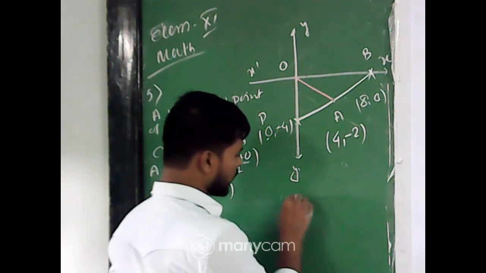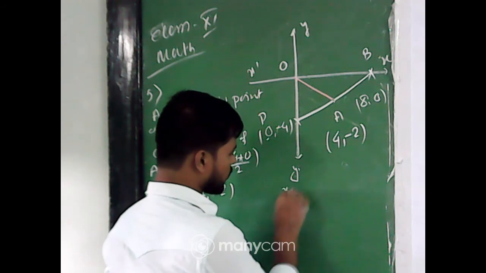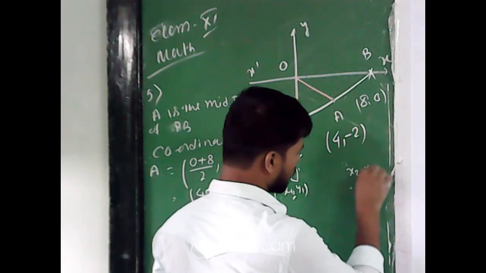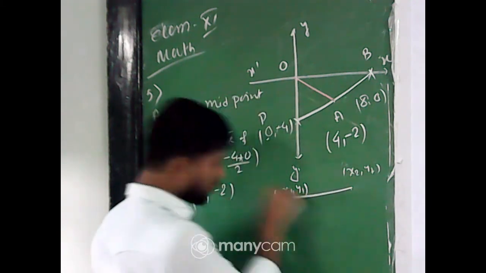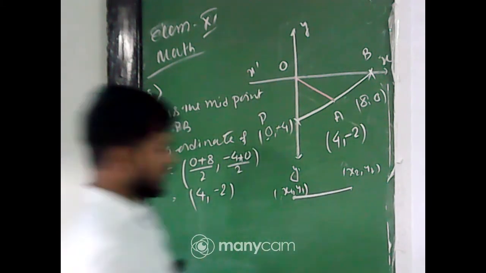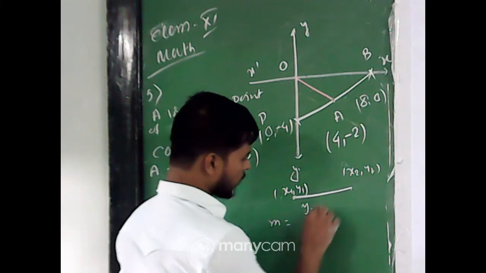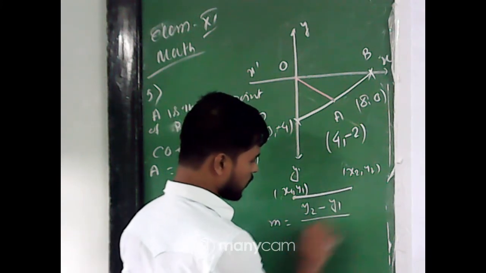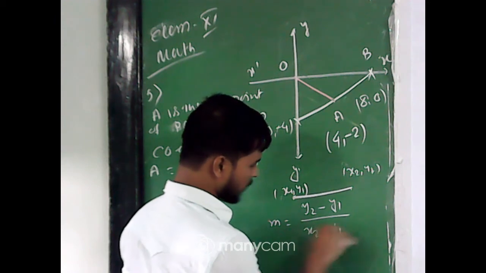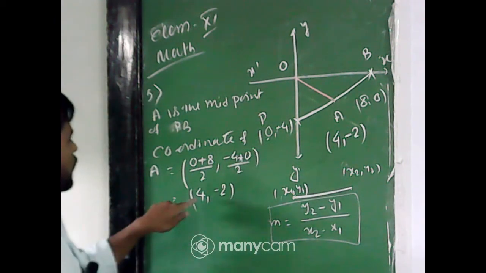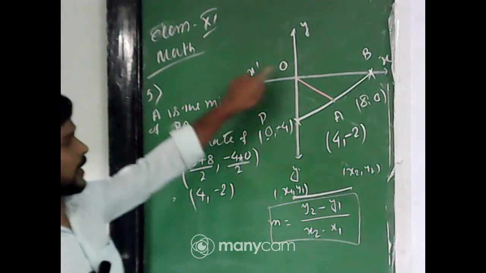There are 2 points whose coordinates are x1, y1 and x2, y2. So the slope of the line joining these 2 points is m is equal to y2 minus y1 by x2 minus x1. So apply this formula to find the slope of the line joining the points A and O.